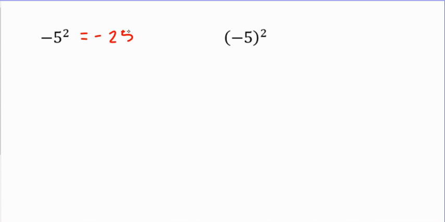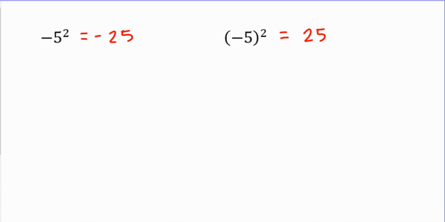Calculator tells us that's what it is. Versus if we typed this on the calculator, with parentheses around that -5, the calculator yields a 25. And the calculator I'm referring to is the TI-30XS, the one that you can use on the GED test.